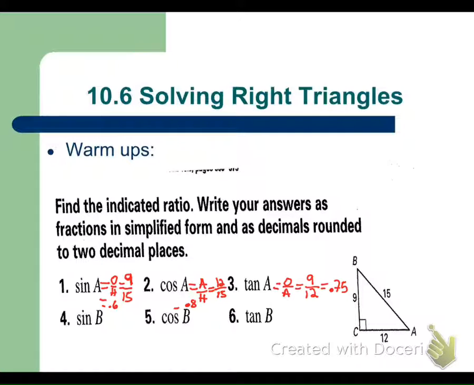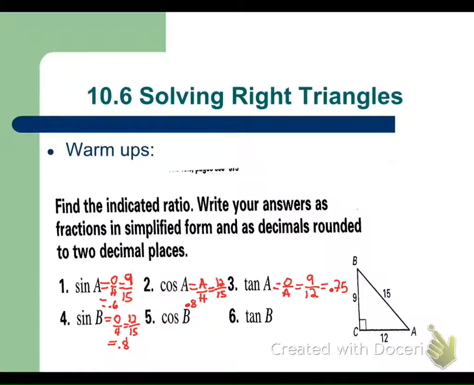Okay, our next one is sine of B. So sine, SOH. Opposite of B is which side length? 12 over our hypotenuse, which is 15. You don't have to put it in your calculator again because we already did this fraction. 0.8, so we can put 0.8 here.